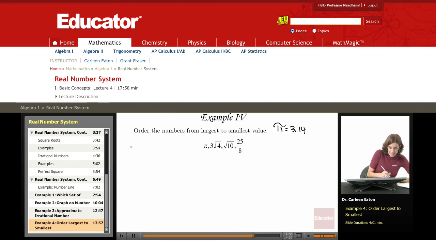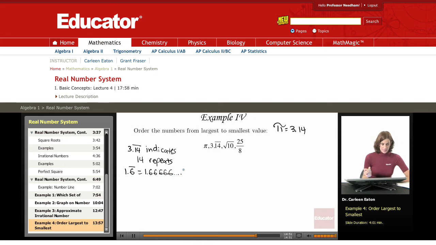What that indicates, if there's a bar over the number, is that the 1.4 is repeating. I could have 1.6 repeating, and that would just be 1.66666 and on and on. Here I have the 1 and the 4 repeating.